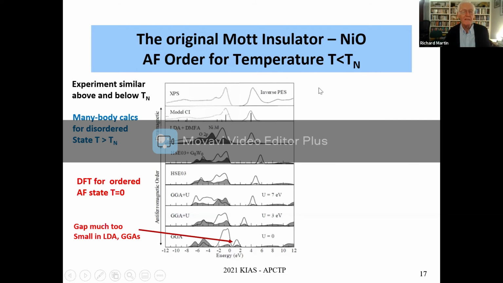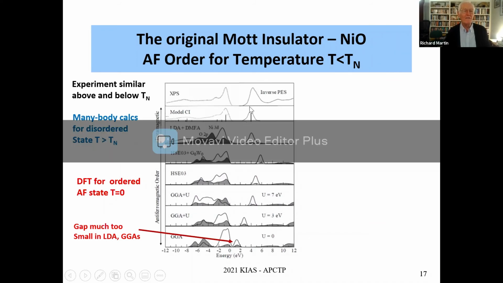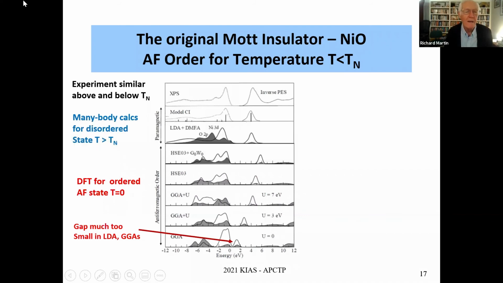This is the experimental measurements of photoemission, that's taking electrons out of the sample, and inverse photoemission, that's where you shoot electrons in. And the difference for the edge is the band gap. These experiments are done below the Néel temperature, but in fact, they don't change so much. When you go through the melting point and you lose the order, it still acts like an insulator.